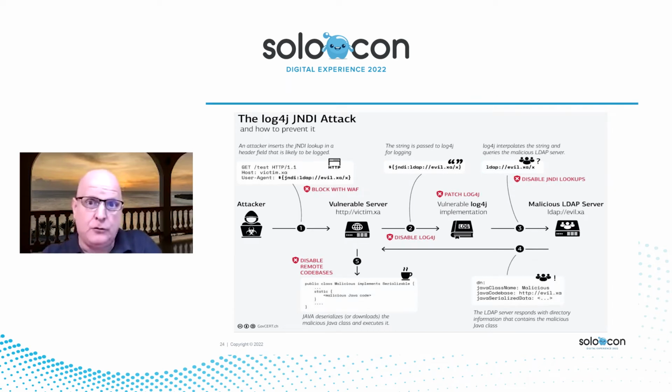If that server is controlled by an attacker, then it can serve up malicious Java classes that will be executed on the application server with its permissions. And when that happens, the attacker can potentially exfiltrate sensitive data from the application or just generally cause a lot of mischief on the compromised system.